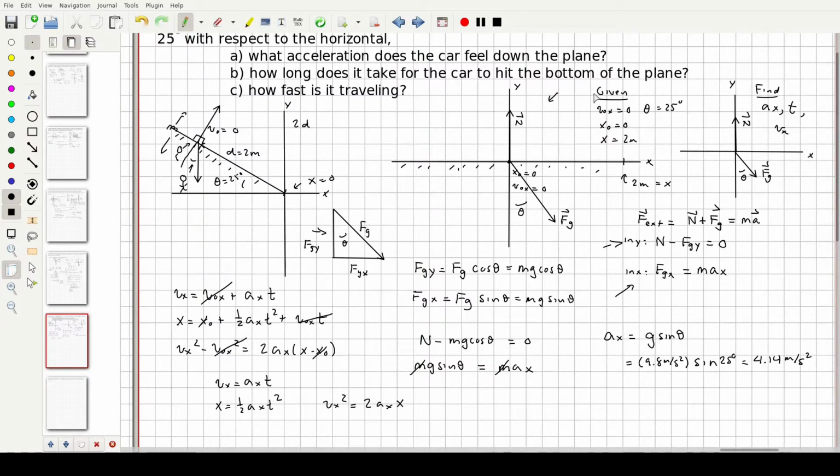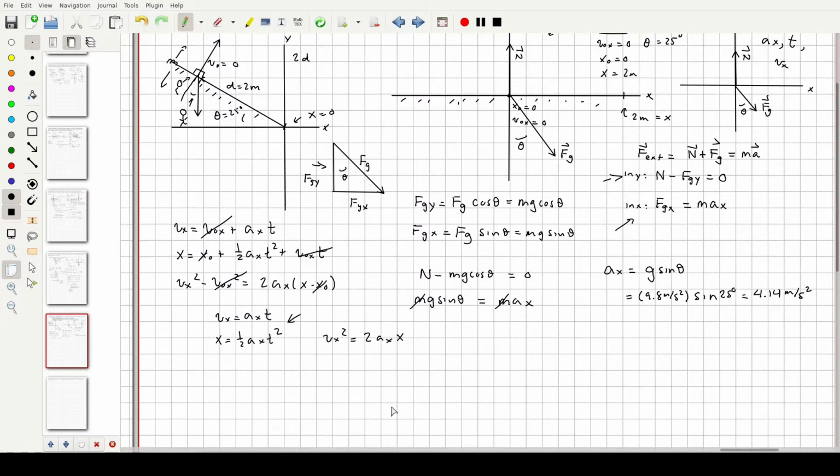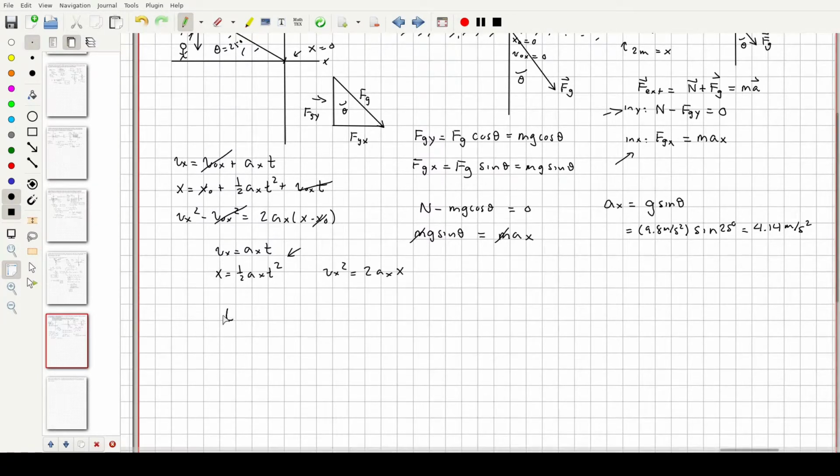How long does it take for the car to hit the bottom of the plane? I would use this equation to do that. We know x. We know it's 2 meters. We know everything here except for t. And if you do that, t is equal to the square root of 2 times x over a sub x, which is the square root of 2 times 2 meters divided by about 4.14 meters per second squared.